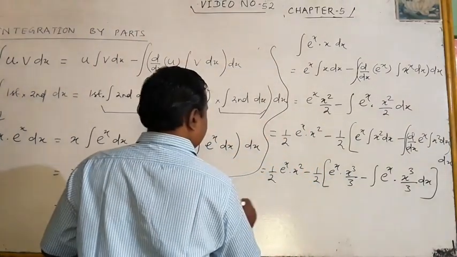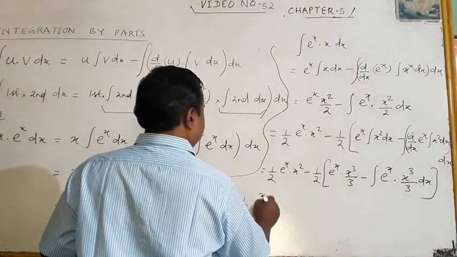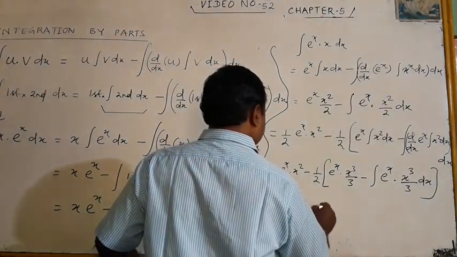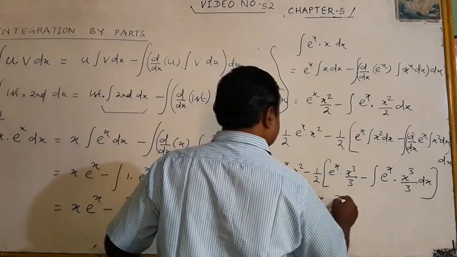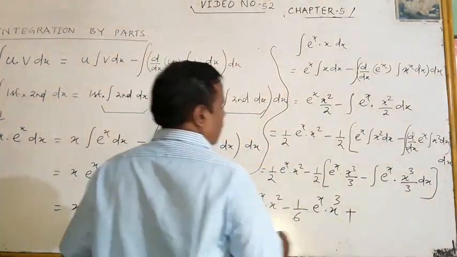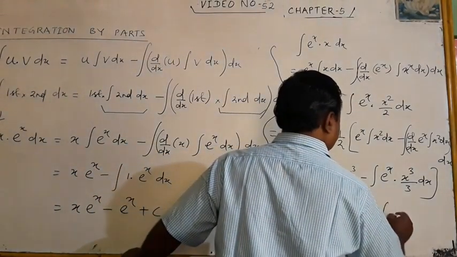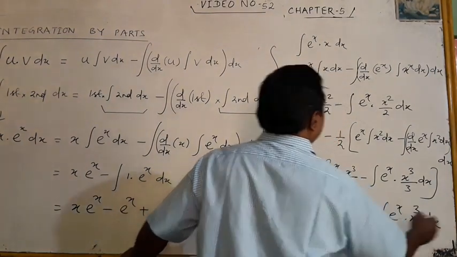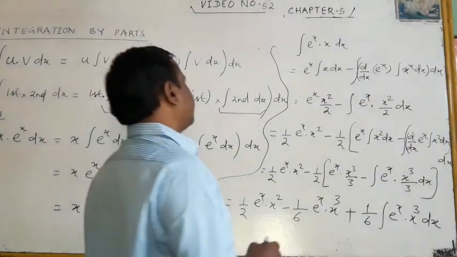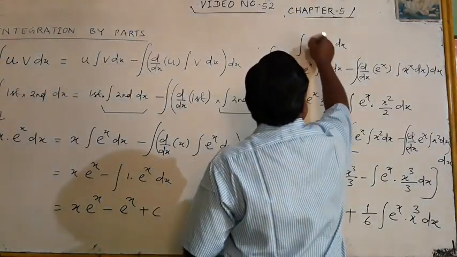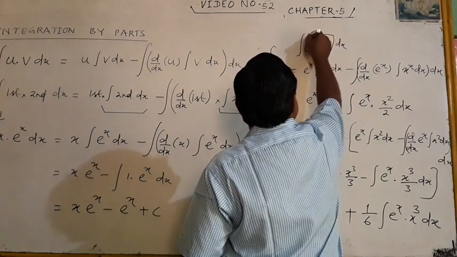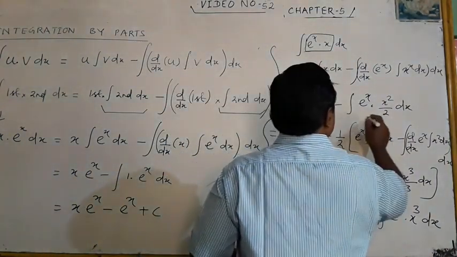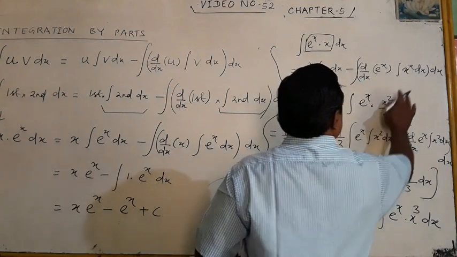Okay, it becomes 1 by 2 e to the power x into x square minus 1 by 6 e to the power x into x cube plus 1 by 6 integration of e to the power x into x cube dx. Now look at this problem. First it is e to the power x into x, meaning x to the power 1. Next it becomes e to the power x into x to the power 2, when 1 by 2 goes outside.